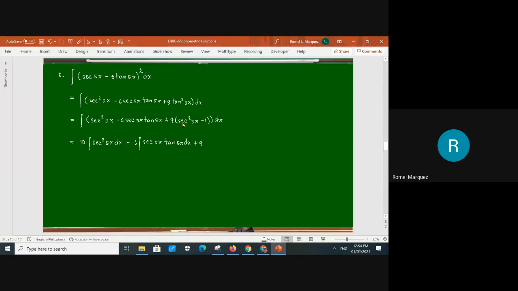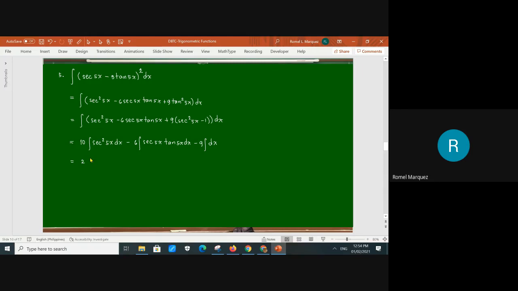9, we combined already 9 to secant, getting 10. Then minus 9 integral of dx, right? Okay now, guys? So, the first one, I have to split 10 into 2 times 5 and give the 5 to dx, no?